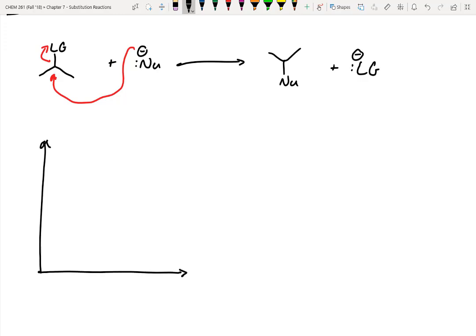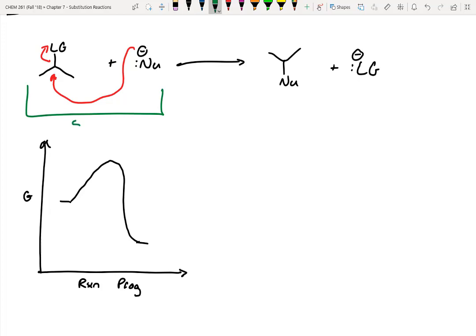All right. So let's think about this reaction pathway. We're going to be going from starting materials to products. In this case, we're not going through any intermediates, and assuming this reaction is spontaneous, it's going to look something like this. So we'll have starting materials over here, we'll have products over here, but no intermediates, right?